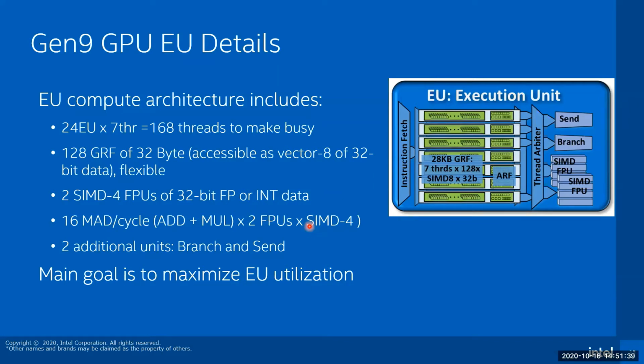Each execution unit has 2 SIMD devices, or FPUs, floating point units, and at the same time it can execute integer operations as well. So it can make up to 16 multiply-add operations per cycle, multiplying 2 FPUs by their SIMD width. And there are 2 additional execution units, which are branch and send.